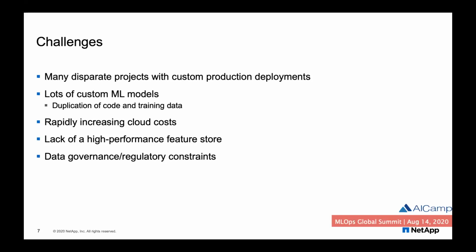The other problem we had is we were doing all of this in the public cloud, and the costs were just completely spiraling out of control. Now, this may not be a problem for some companies, but for us, it became a very significant number. The fourth problem we had is our feature store was essentially Hive.